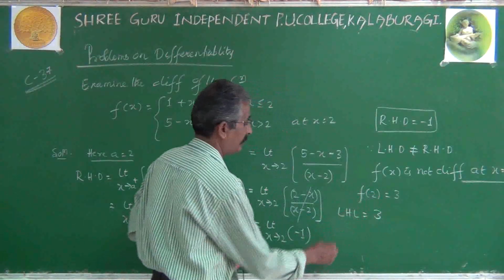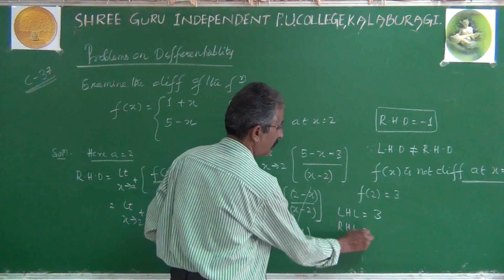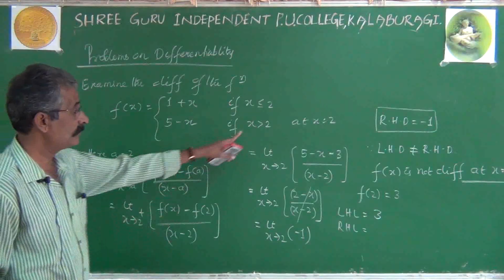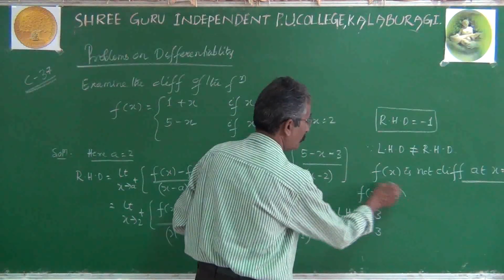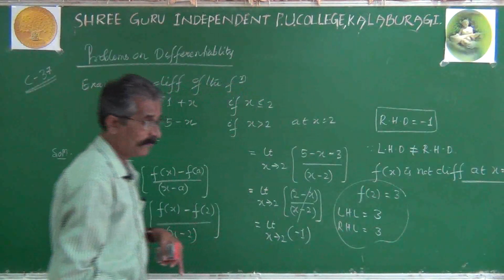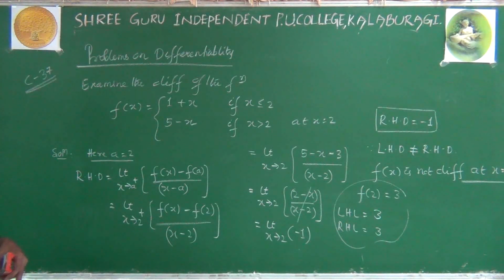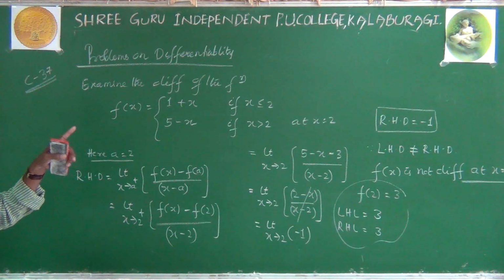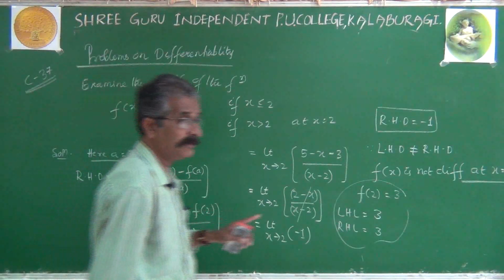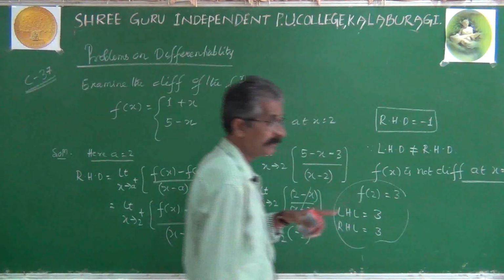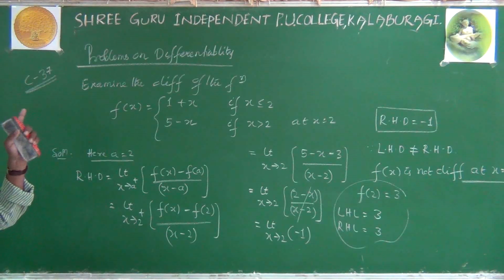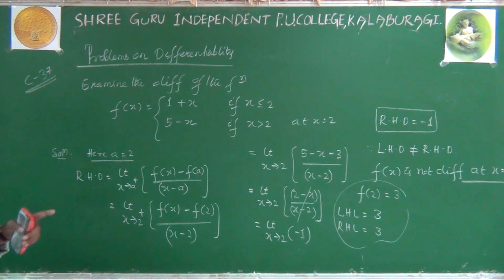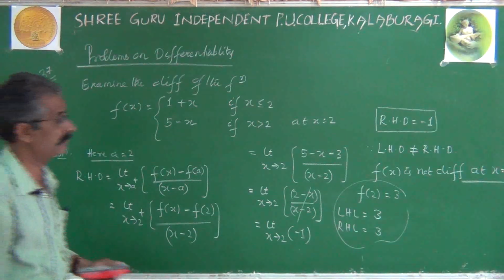Left hand limit is 3. RHL. For RHL, refer to x greater than 2. Here, replace x by 2: 5 minus 2 is 3. So f of 2 equals LHL equals RHL. That means this function is no doubt continuous but not differentiable. So keep in mind, whenever a function is continuous, it may or may not be differentiable, but whenever a function is differentiable, it is 100% continuous.